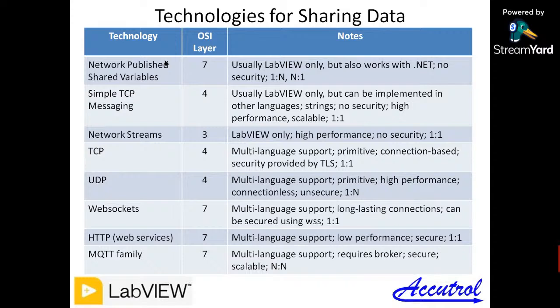Both TCP and UDP, there are significant differences in them, although you'll hear those words used in the same conversation a lot of times. But Transport Control Protocol, I think is what that stands for, is implemented at the transport layer. Obviously, it is not LabVIEW only.